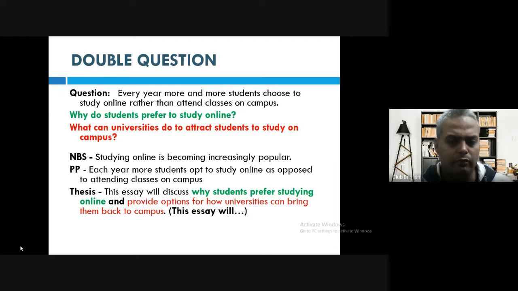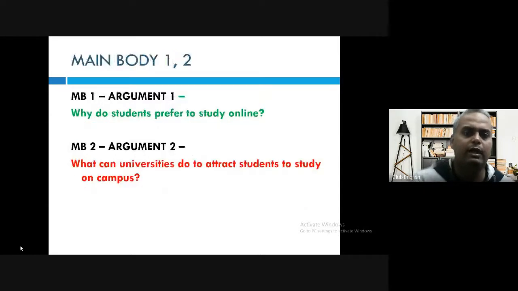Similarly, you can do this on almost all the questions. Now, main body one, argument one: you'll be attempting the first question here, why do students prefer to study online? And in main body two, argument two, you'll be writing what can universities do to attract students to study on campus?